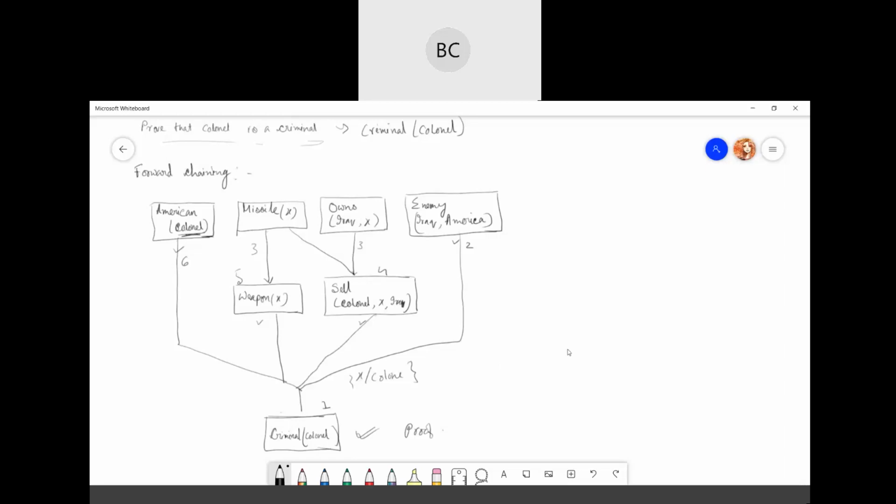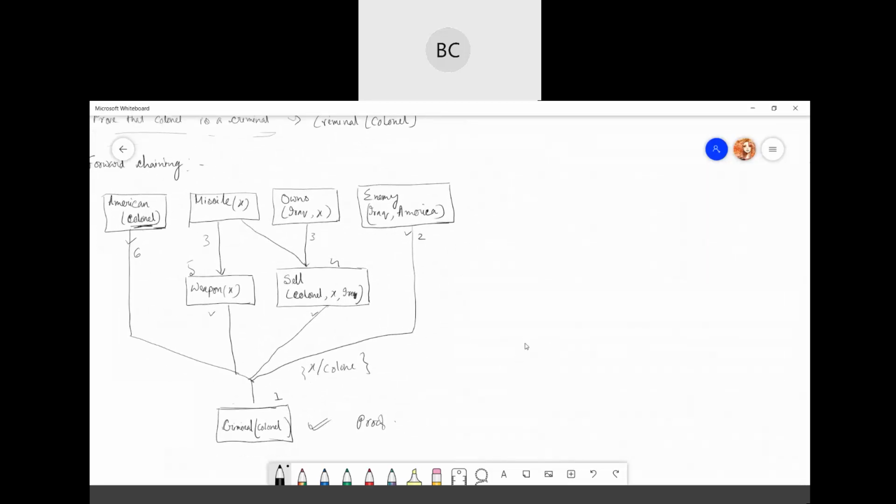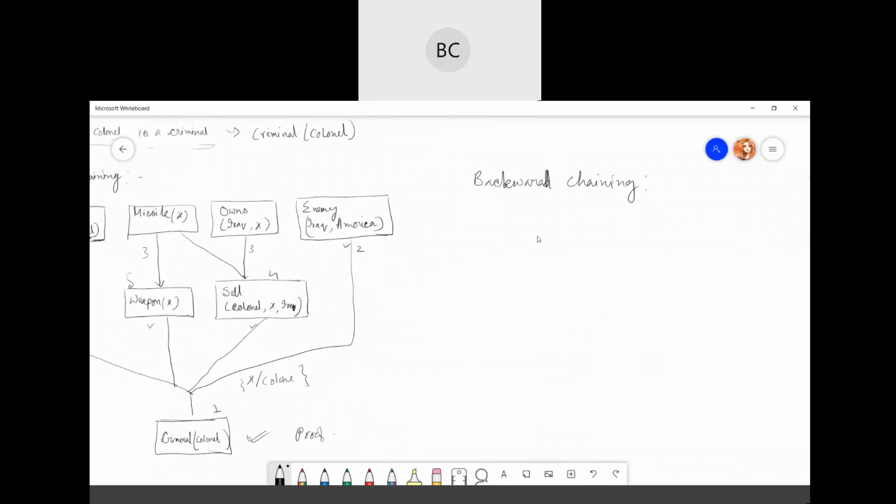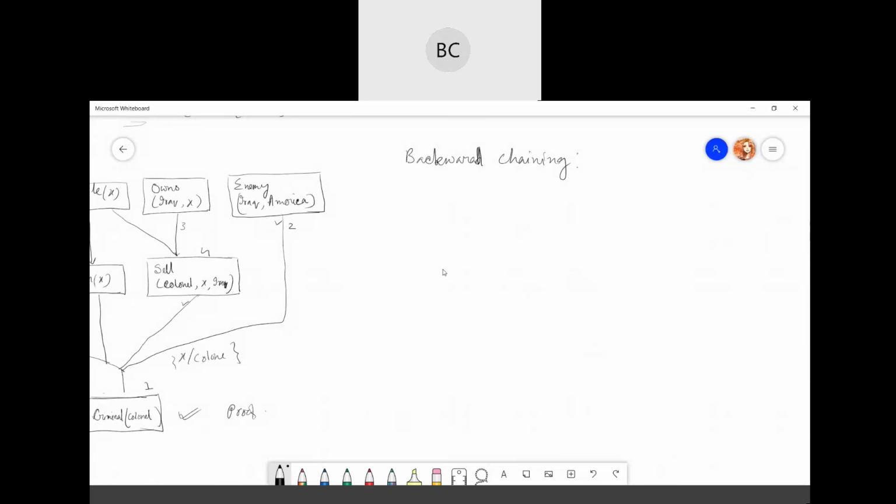Okay, so let's see the backward chaining. In backward chaining, we will start from the goal. What is our goal?